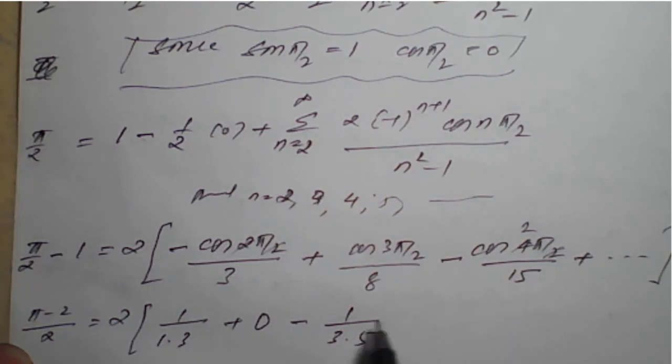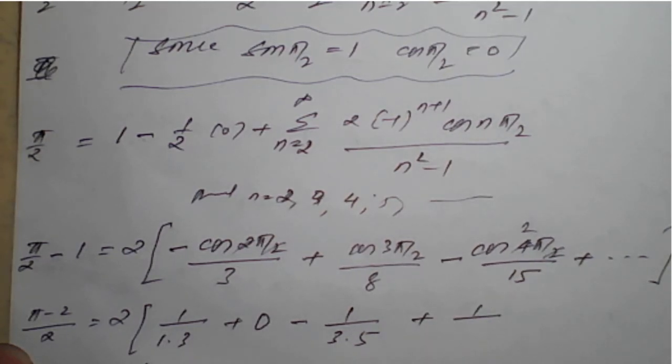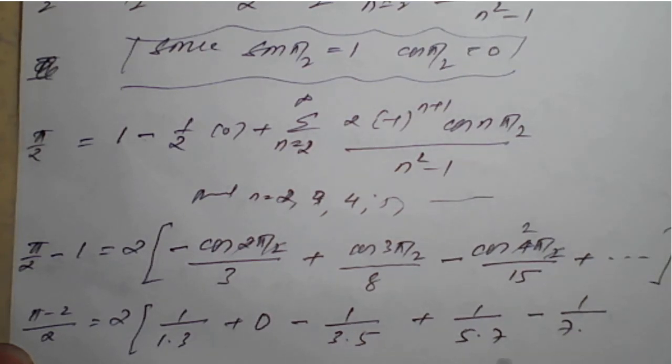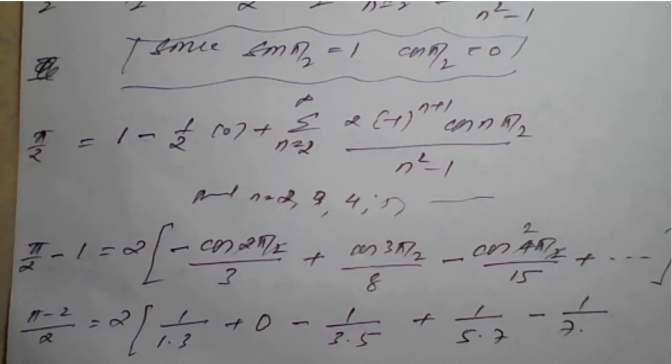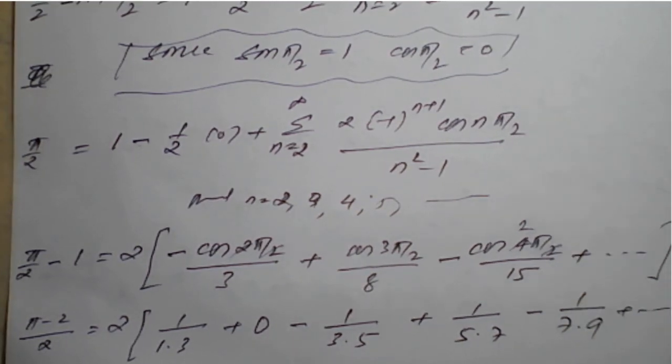The next expected sign is plus, then minus, then plus. So we get 1 upon 1 into 3, 3 into 5, next is 5 into 7, a series result, minus, next expected is 7 into 9, plus and so on.